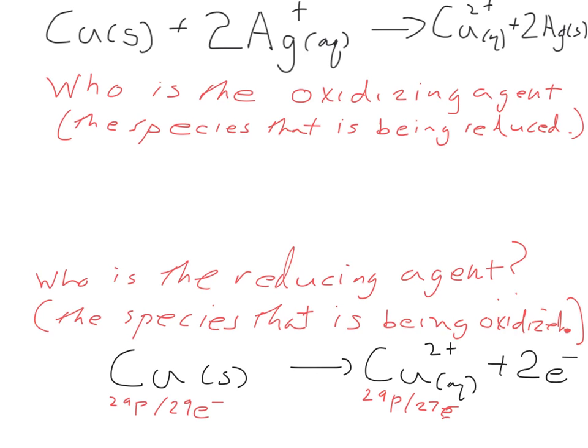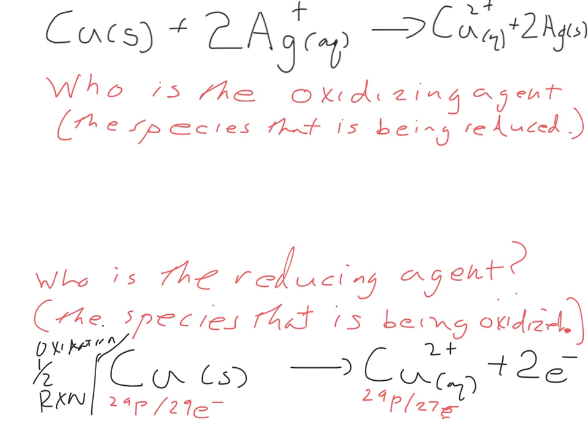What I've written here, where I've balanced out my electrons and I've shown the process of copper being oxidized, is referred to as an oxidation half reaction, because I've shown the oxidation part of the reaction.